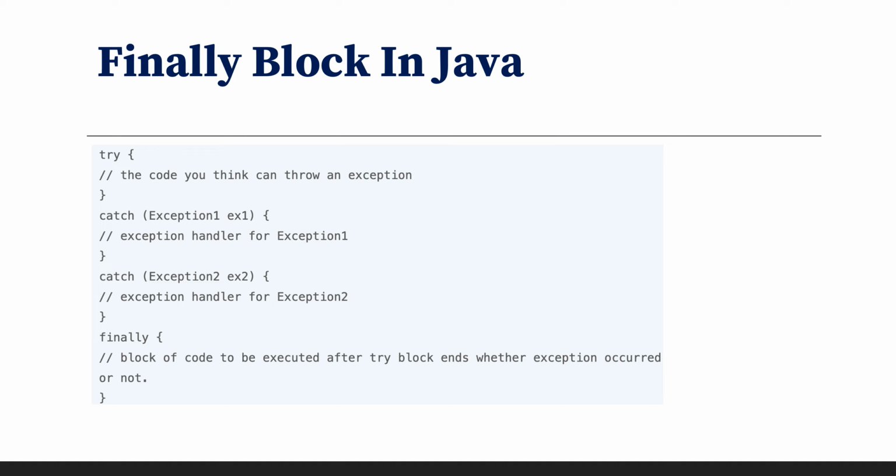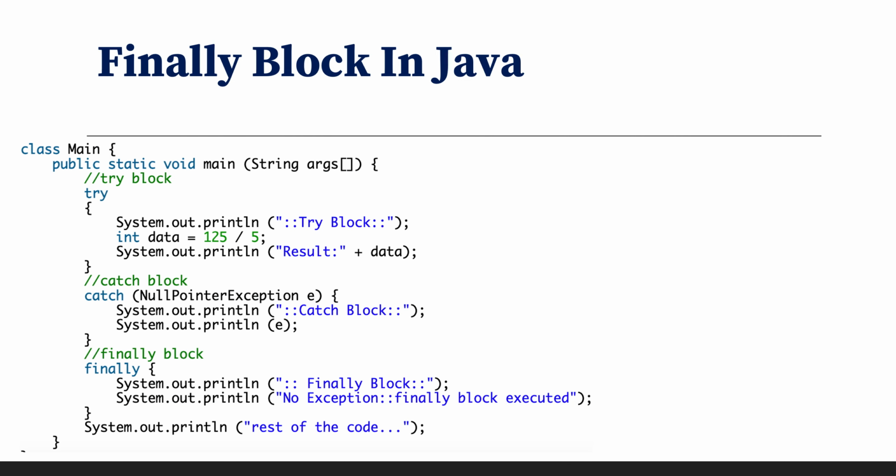So let's take an example and see how it works. Let's say we have one class with a main method. Inside the try block we have some statement. Here we have written a catch block to handle the null pointer exception. Let's say this statement is proper, so it is going to execute this statement and then come out.